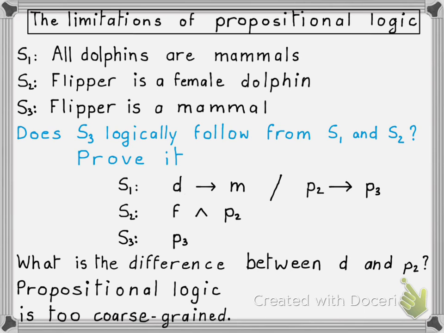But what propositional logic fails to do is to represent the fact that these two statements are very similar. In fact, the only difference between something is a dolphin and Flipper is a dolphin is the subject of the sentence. The verb phrase is the same in both cases, is a dolphin. The only difference is that the subject is something general in the first case, and Flipper is the subject in the second case.